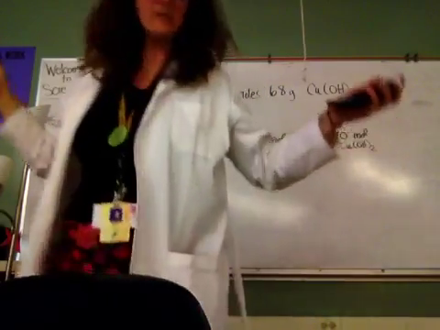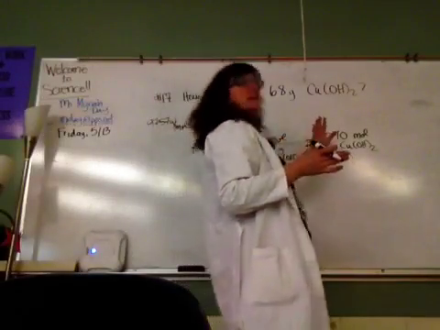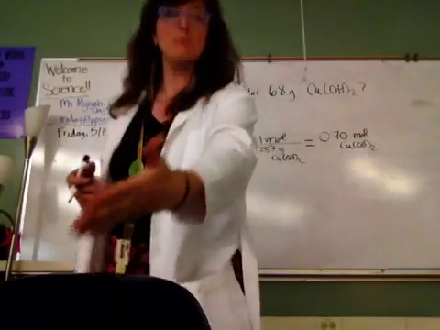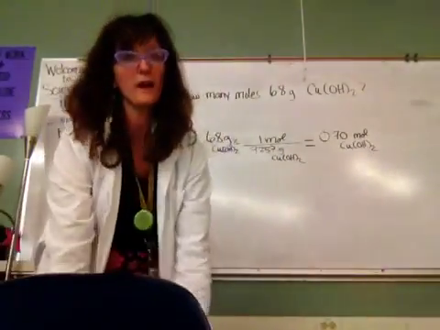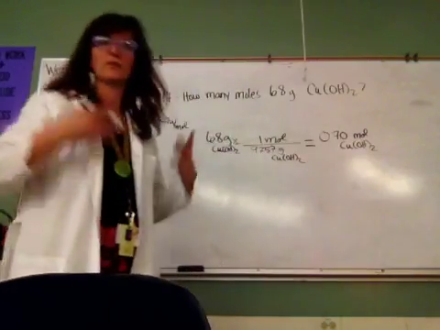So cool, we've got 0.70 moles of copper 2 hydroxide. Now I'm going to take it one step further than what the problem asks you to do. I just want you to have a little bit more practice of going from grams to moles to atoms or molecules or particles or whatever.